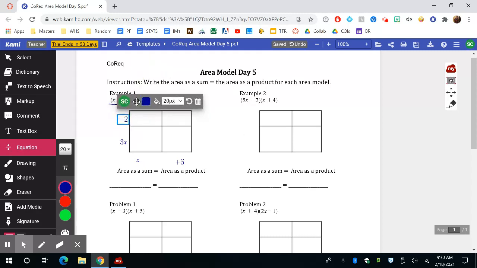I'll move it a little bit. There we go. Okay, so that's my length and width. I already have it. And now what we're going to do is we're going to multiply.